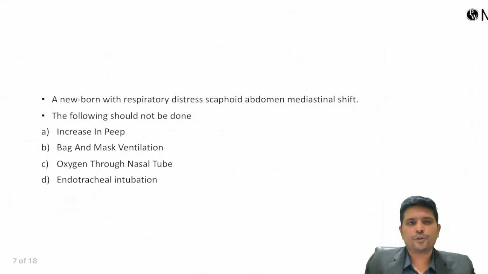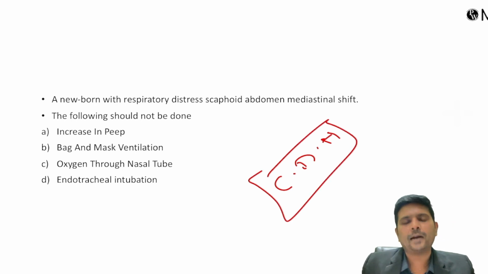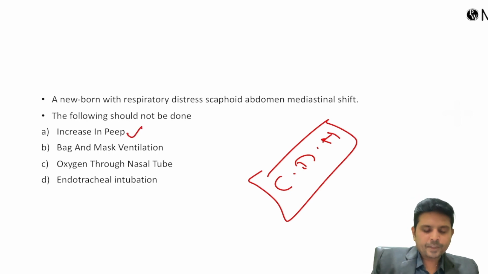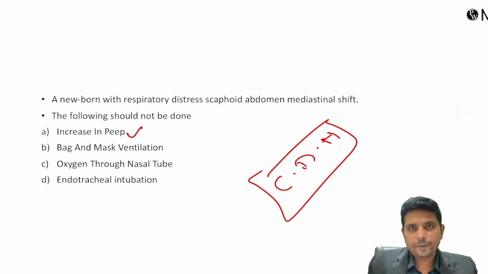Next question. A newborn with respiratory distress, scaphoid abdomen and mediastinal shift. It means we are dealing with a case of congenital diaphragmatic hernia. The following should not be done: increase in PEEP? When the child is having endotracheal intubation, you can give PEEP.